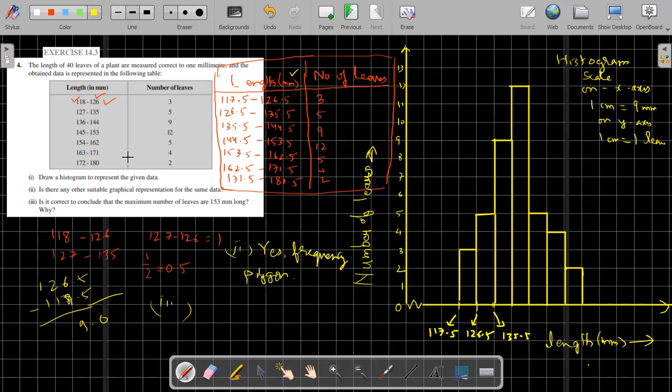So that is wrong. It is not a correct statement.